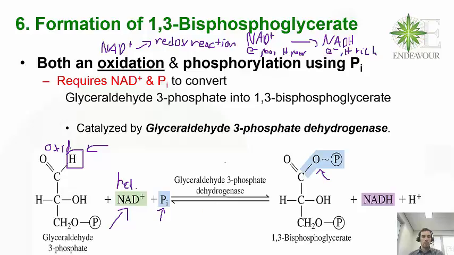So the enzyme that actually facilitates this reaction is called glyceraldehyde 3-phosphate dehydrogenase. So the dehydrogenase part of the name basically tells us that we are removing hydrogen. So what are we removing hydrogen from? We're removing hydrogen from the glyceraldehyde 3-phosphate, and that's what we see in the first part of the name.